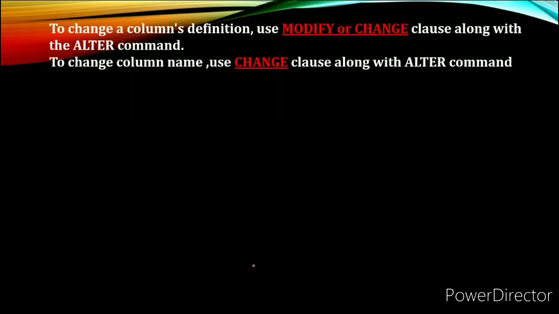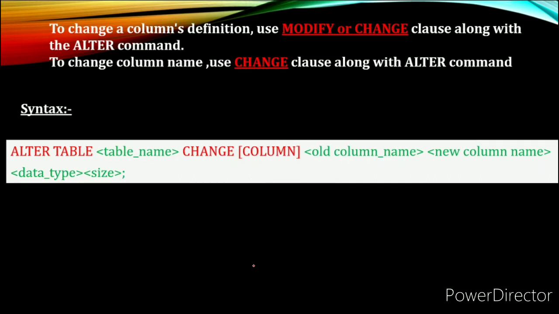Then we can also change the column definition with the help of the modify or change clause along with the alter command. To change a column name using the change clause, the syntax is alter table, table name, change, again column is an optional keyword, old column name, and here we write the new column name, its data type and size.